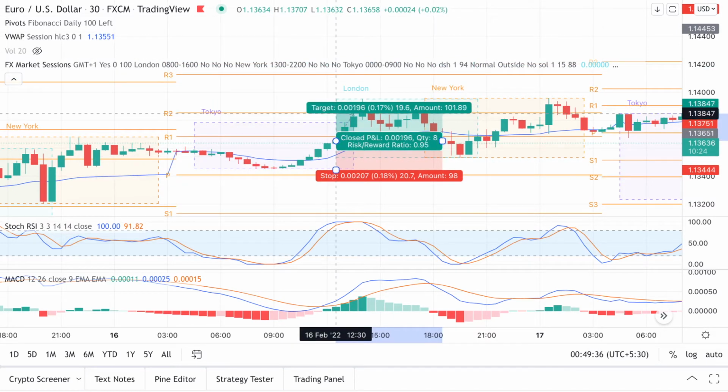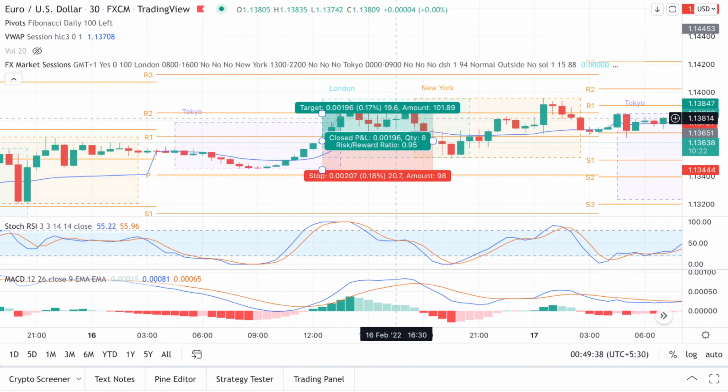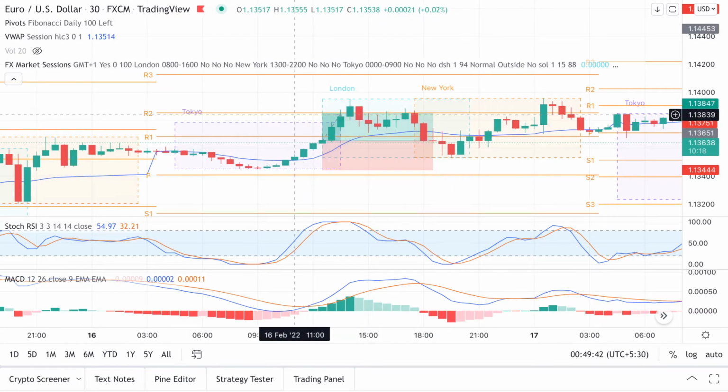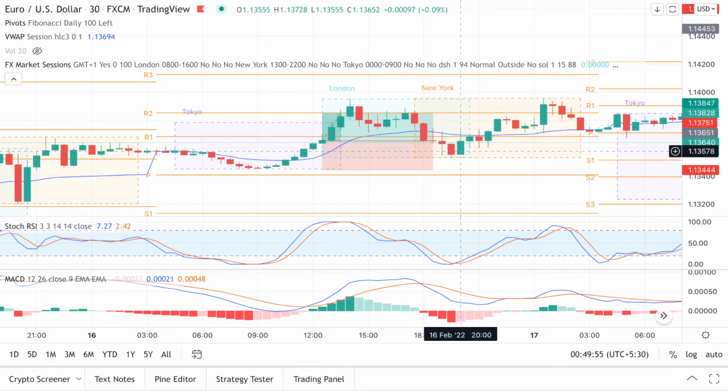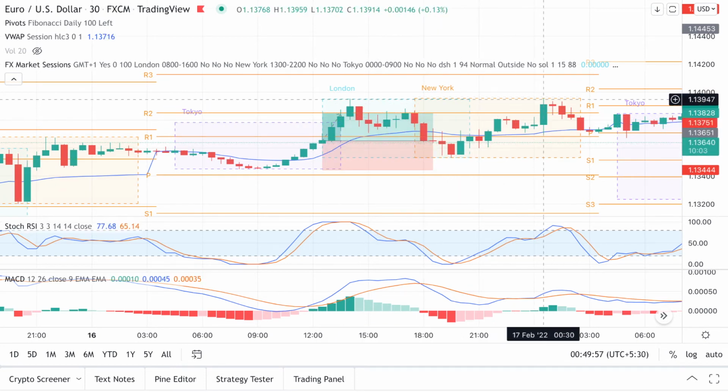Most of the time, the price will hit the next resistance, the next pivot, and then that level will be a key support or resistance point, and then price will come down, reject, and then try again after that.